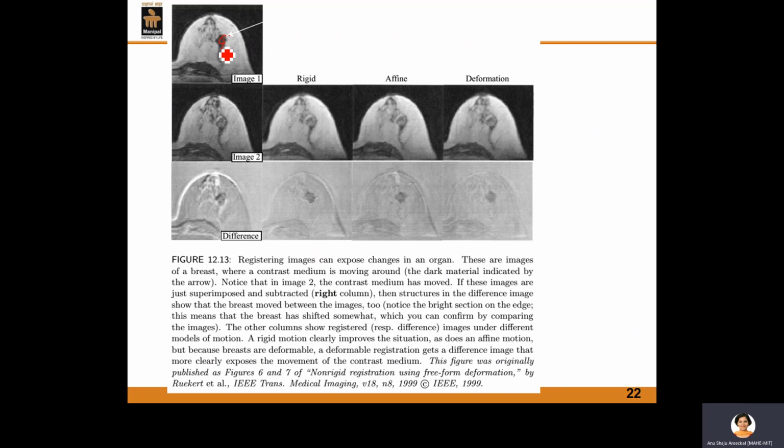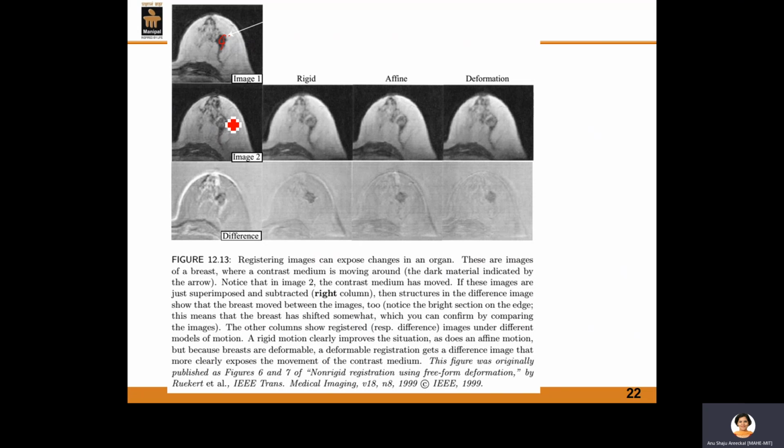First you have the image taken with the contrast agent, and you have another image taken after the contrast agent has moved. We want to find out the difference between these two images, because the movement of the contrast agent would give us more information for the diagnosis that the doctors are looking for.